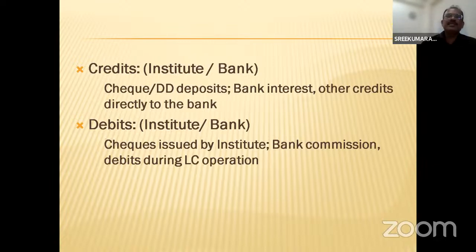So when cheques and deposits that we deposit are not credited by the bank, then bank interest and other credits from the bank, when not taken care of by us, there will be a difference between the bank balance in the cash book and the bank balance.